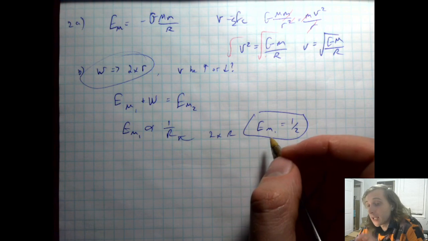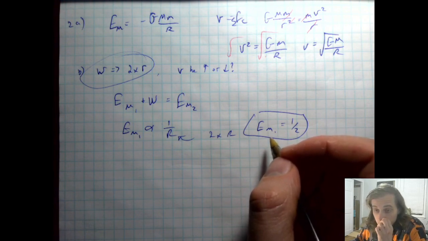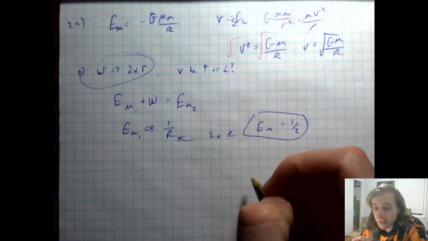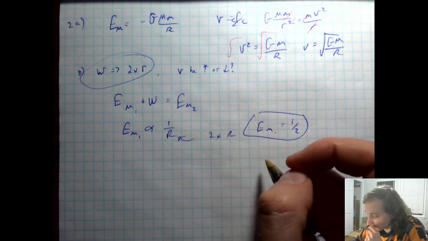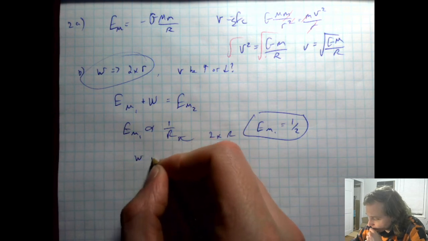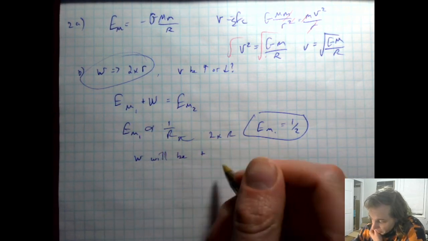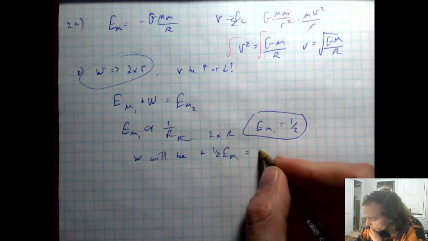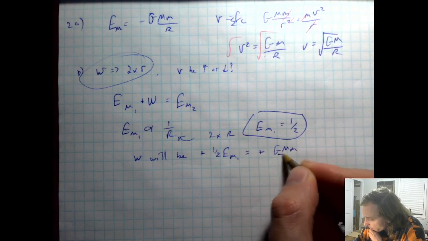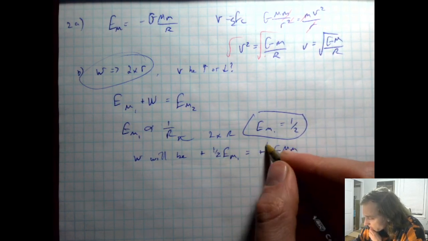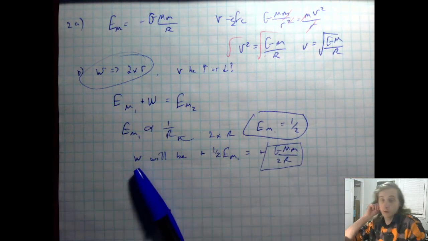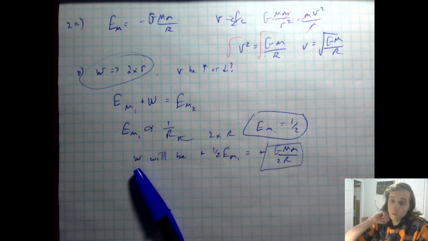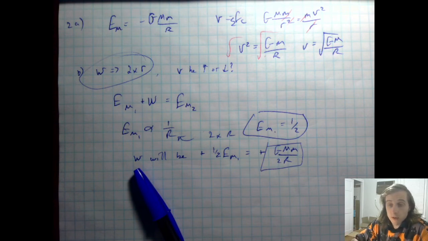But it's 1/2 of a negative number. So in order to get a less negative number or a more positive number, our work will be positive 1/2 of the mechanical energy at the first location, which is going to be positive GMm over r times 2. So we need to do positive work in order to go from a tighter orbit to a wider orbit.